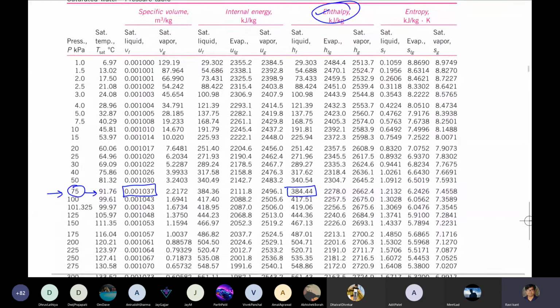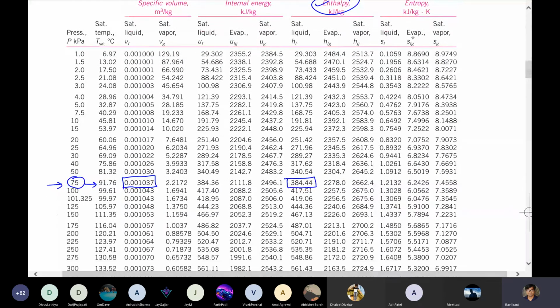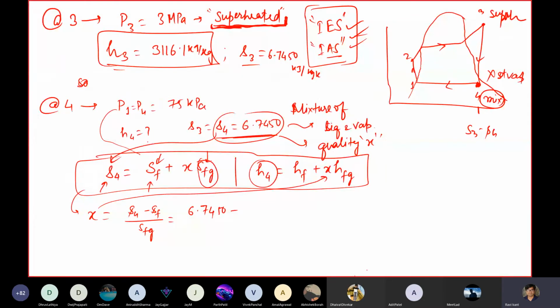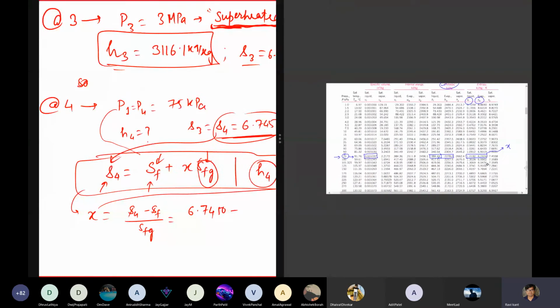So for entropy, this S_fg and S_f will be taken to get the quality. And when we have this quality, then we can use this data also to get the intermediate H4, right? Okay, so this is one more thing I can do.